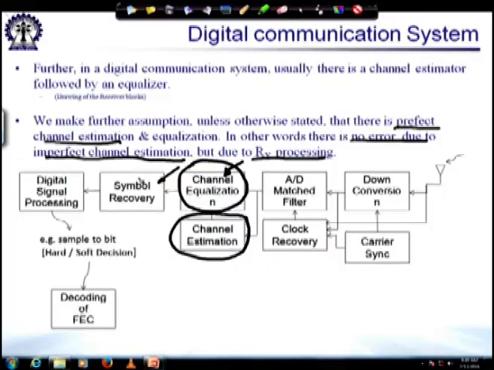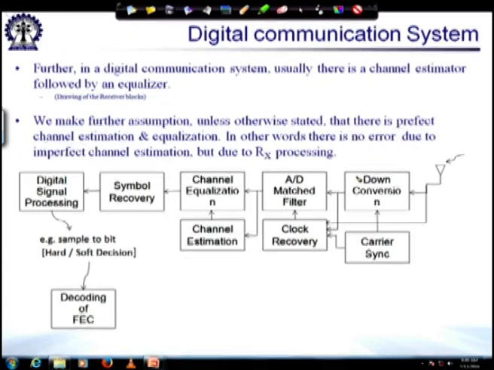So, essentially, the assumptions we have made in this lecture today are that we will assume perfect frequency synchronization, perfect timing synchronization and perfect channel estimation, so that we can concentrate on the link between the transmitter and the receiver.